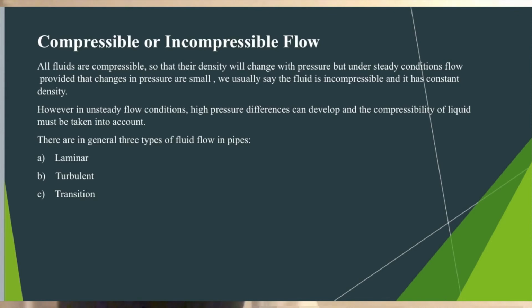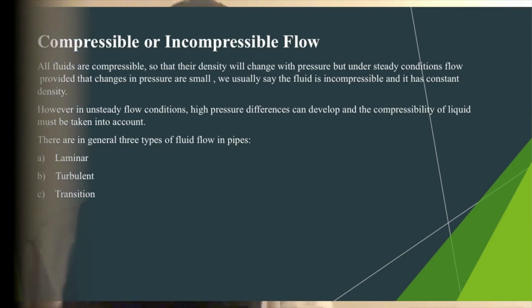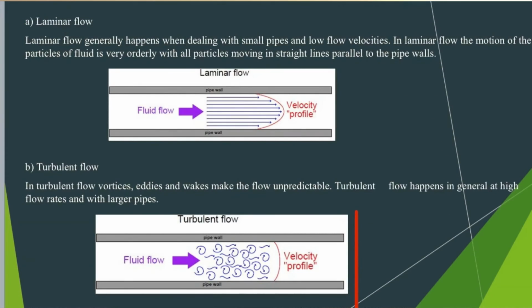There are in general three types of fluid flow in pipes. First laminar, second turbulent, and third transition. Laminar flow generally happens when dealing with small pipes and low flow velocities. In laminar flow, the motion of the fluid particles is very orderly, with all particles moving in straight lines parallel to the pipe walls.